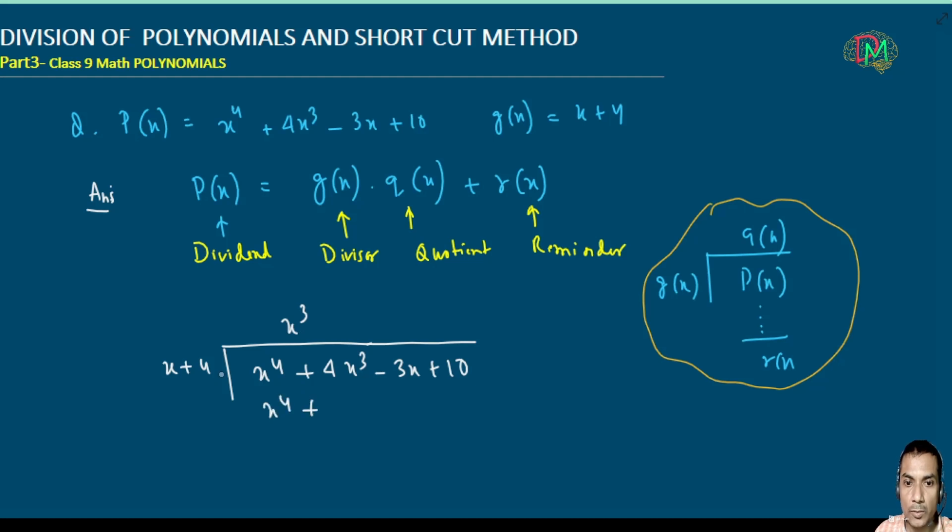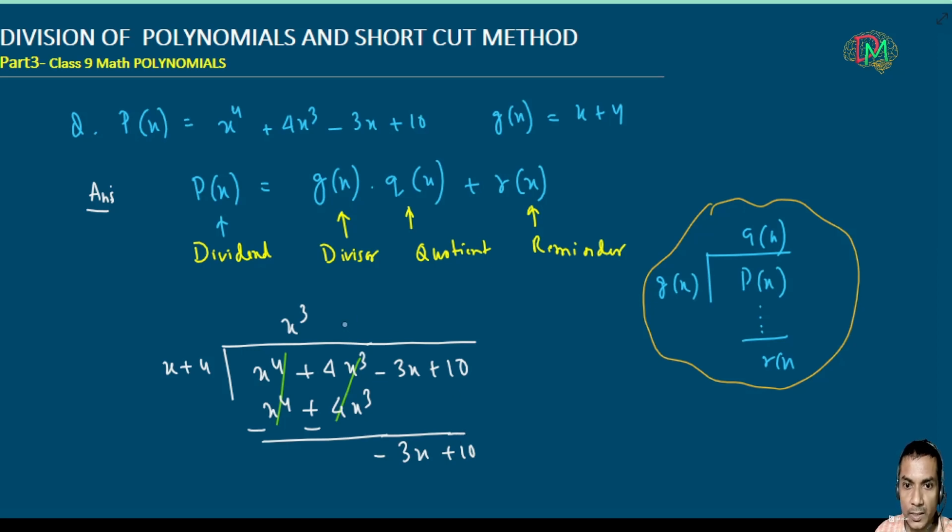We get x4, and then multiply to get 4x cube. Clear? Done. Now we subtract, and in the subtraction method we change all the signs here and cancel. This also cancels. Correct? And what remains is minus 3x plus 10.